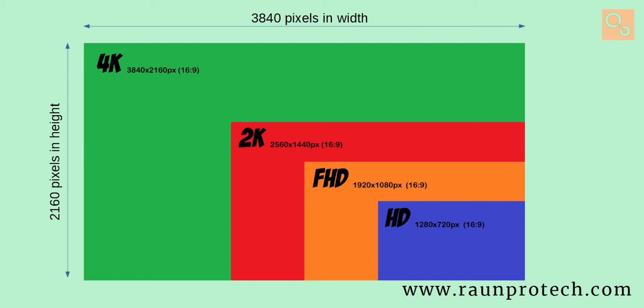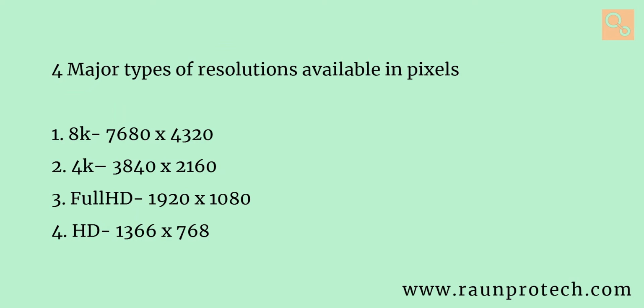Combining all these dots forms an image on your TV. 4K is common around 25,000 rupees and above TV, and it is the resolution you should go for if your budget permits. Other resolutions you can see in this slide here. From these resolutions, 8K is too expensive in 2020, so forget about it.